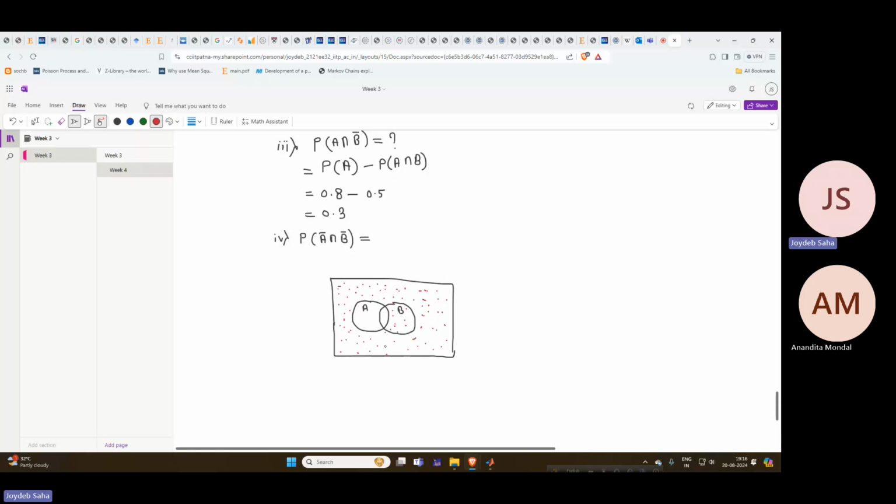Now let us take another color, blue. And B complement means this whole area. Let's use blue dash for the whole B complement.